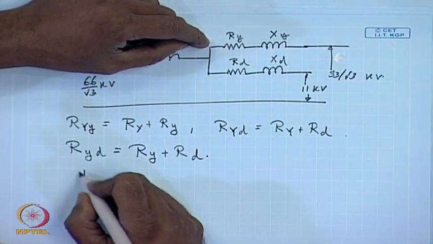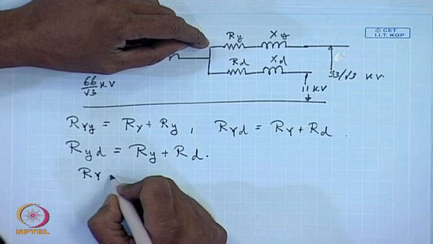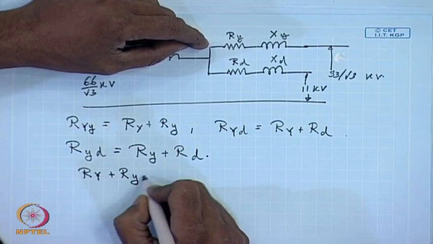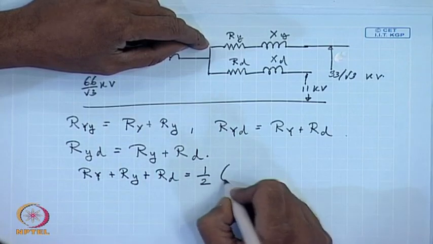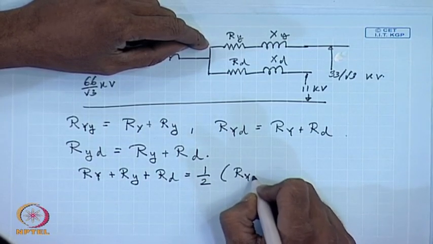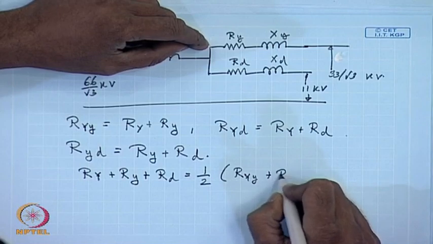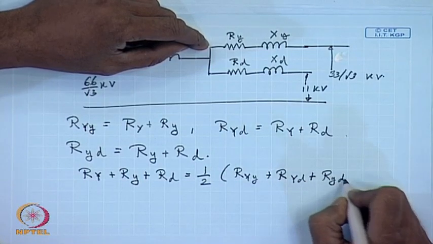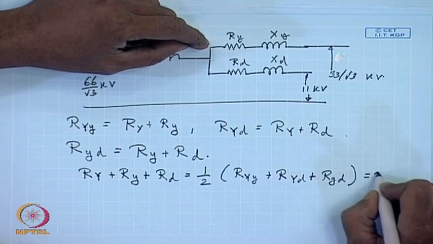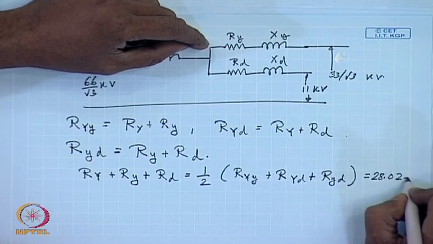Therefore, R capital Y plus R small y plus R small d equal to half of RYY plus RYD plus R small y small d. This comes to 28.02 ohms.